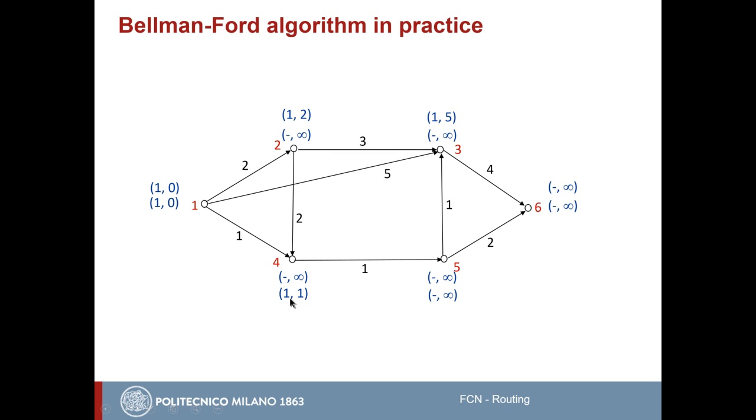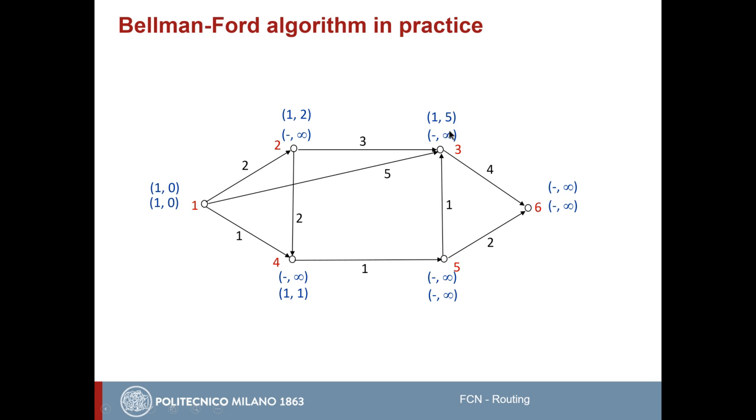Node number 4, there is a direct link with node 1. The weight is 1, so the new distance will be 1. Node number 5, again, there is a direct link with 1. The cost is 5, so the new distance is 5.